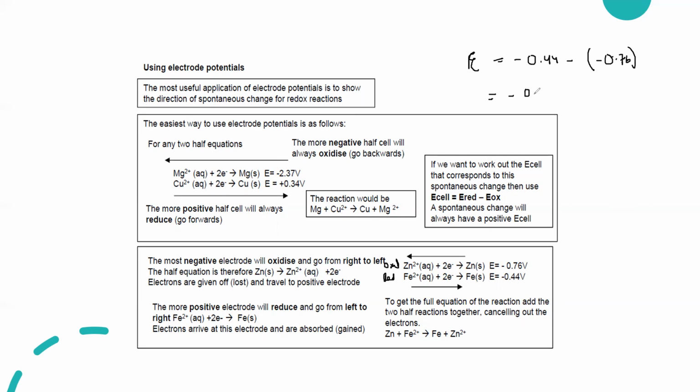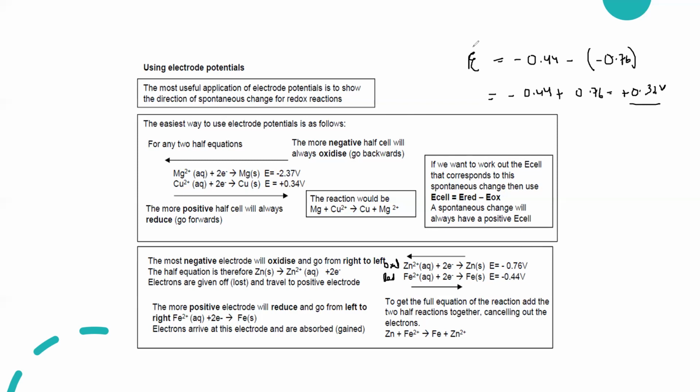So minus 0.44 minus, multiplied by minus, plus 0.76. When you work it out, it will be 0.32 positive. So it means that this reaction is feasible and the voltage produced in this cell is 0.32.